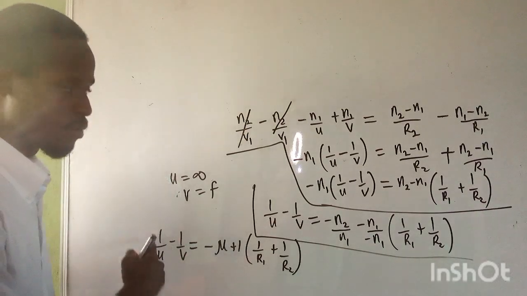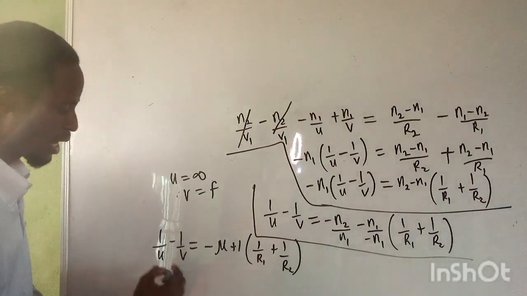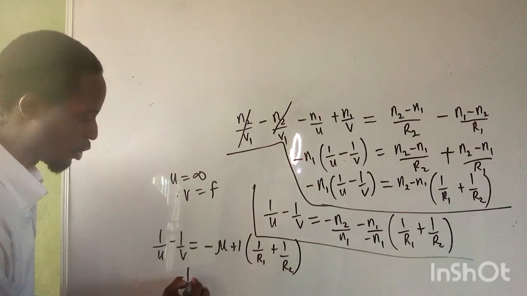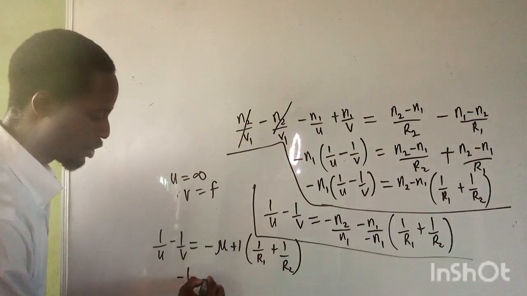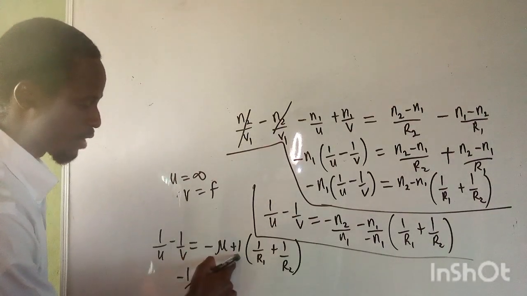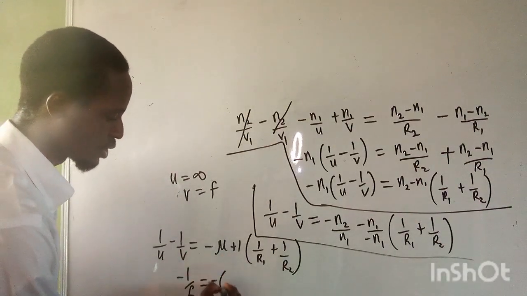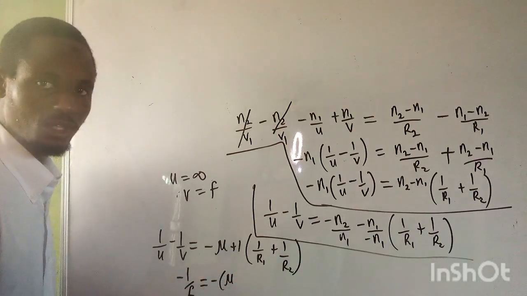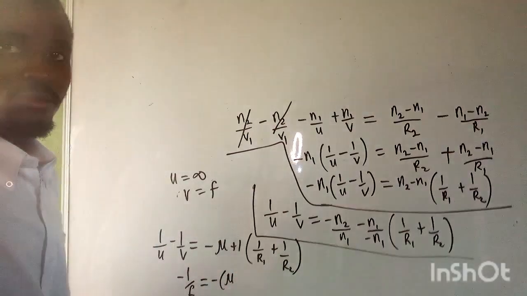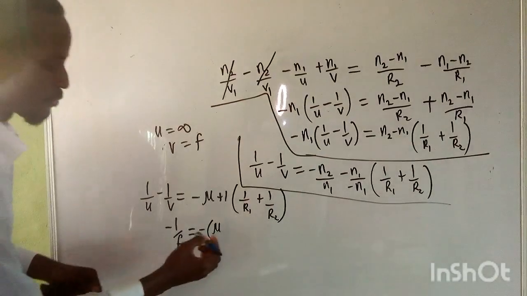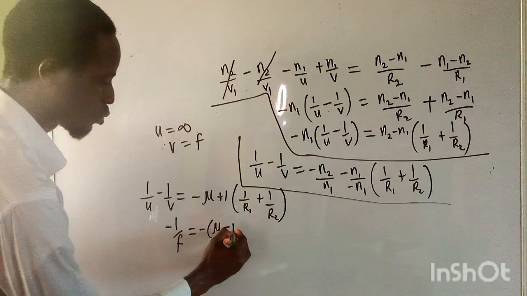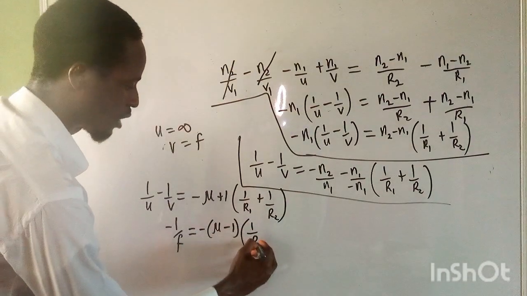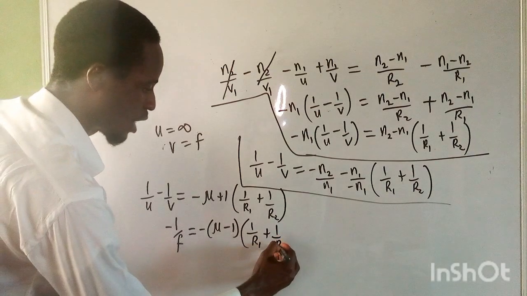So since the value of 1 over infinity is small, here we just become negative 1 over f equals, then if I factorize this out, I will have minus refractive index minus 1 into 1 over r1 plus 1 over r2.